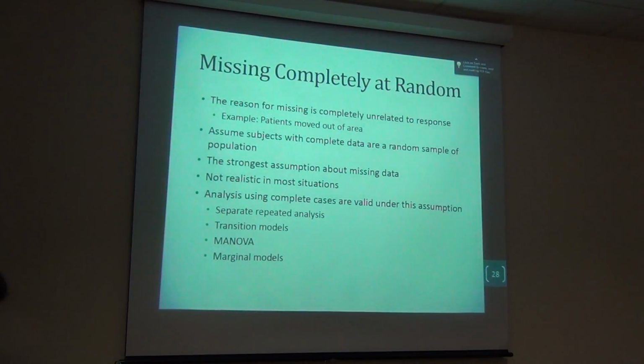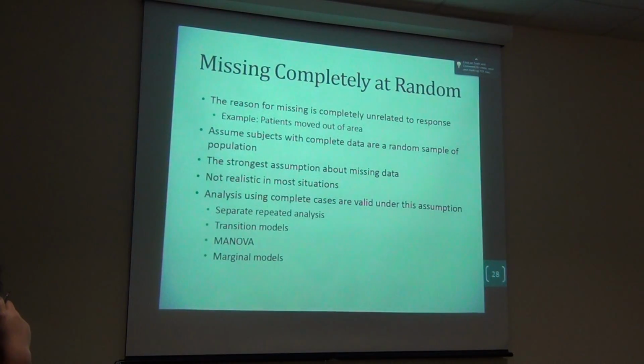So the different kinds of missing data: missing completely at random is the most restrictive assumption, where you assume that the reason for missing is completely unrelated to response. For example, patients move out of the area and can't come back anymore. If it has nothing to do with the response, then you can assume that it's missing completely at random.